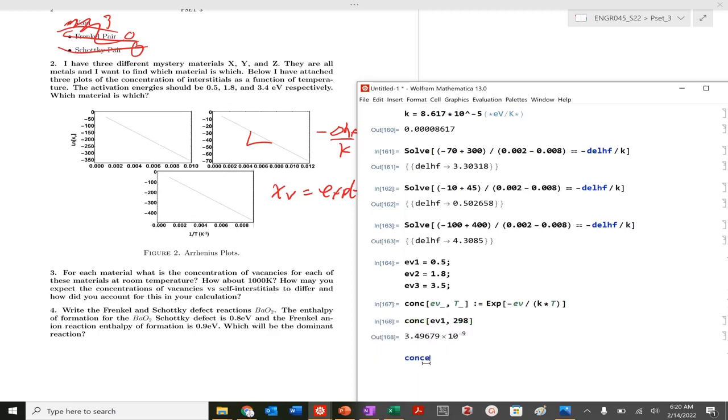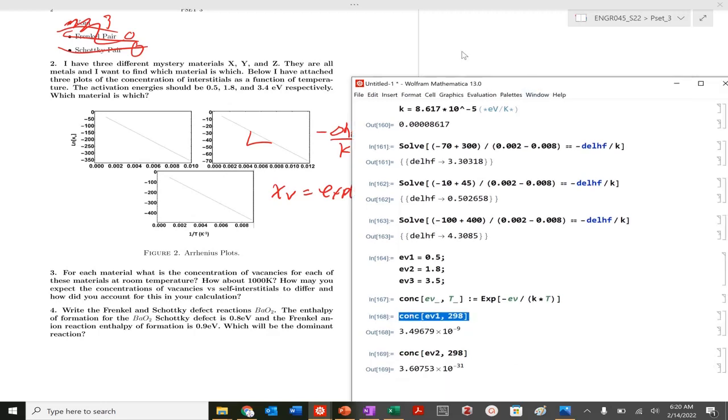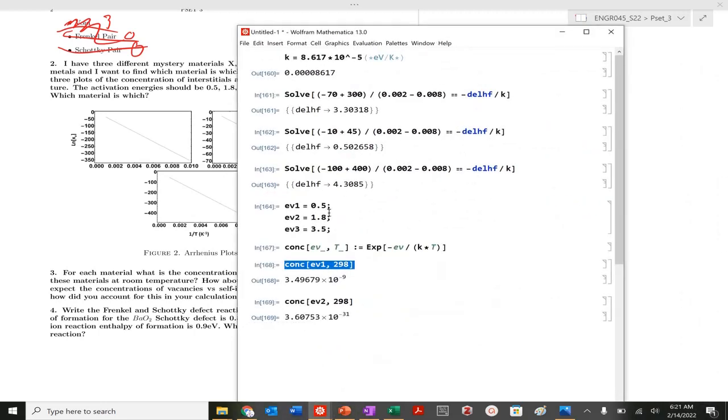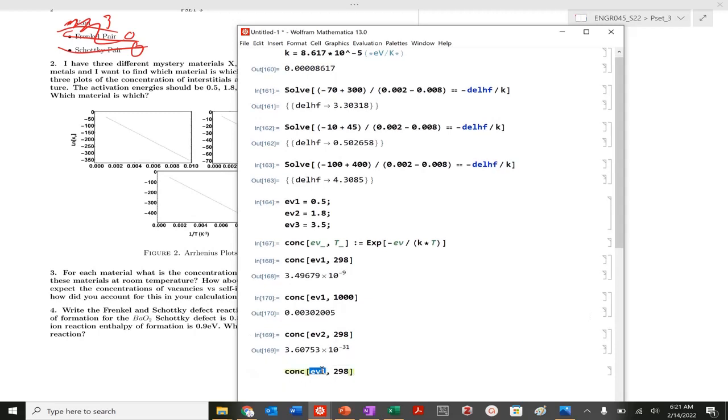I could do the concentration for E_V2 at 298, and you can see the differences here. That's a big difference. As you increase that activation energy, the concentration drops dramatically. As I increase temperature as well, you see I get a big increase. E_V2, and then at 1000, you see 21 orders of magnitude increases quite a bit.